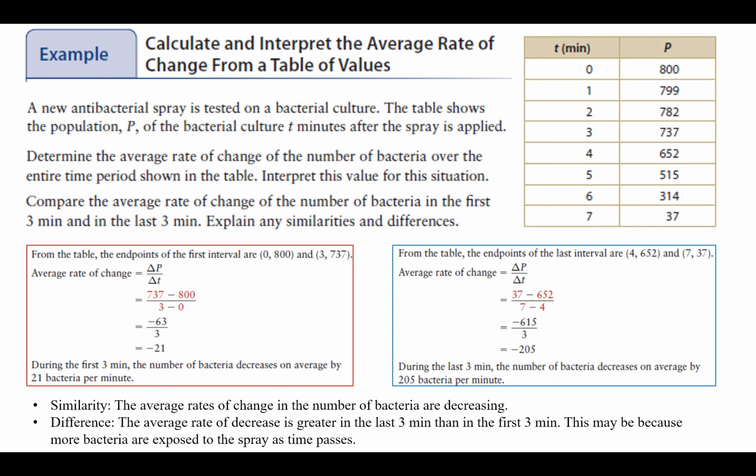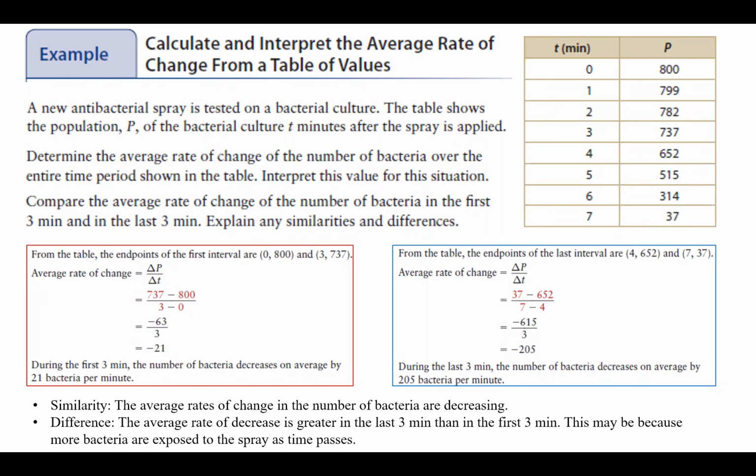Therefore, the average rate of change is again delta p over delta t, which is (637 minus 652) divided by (7 minus 4), which gives us negative 205. Therefore, we say during the last 3 minutes, the number of bacteria decreases on average by 205 bacteria per minute.